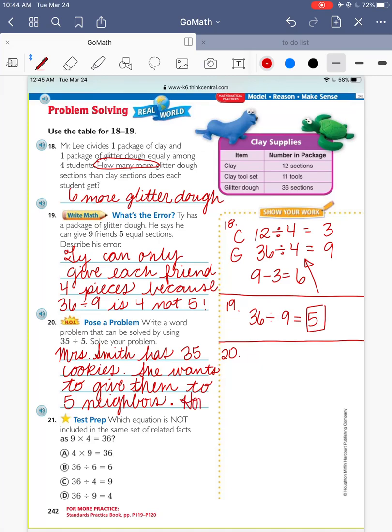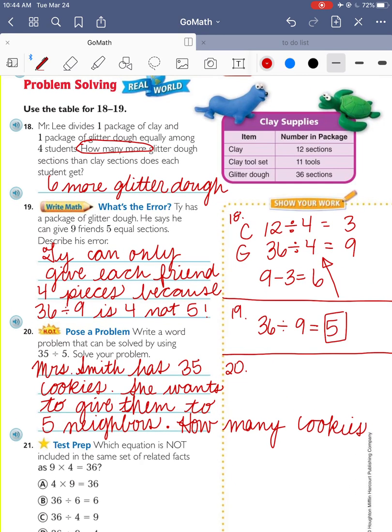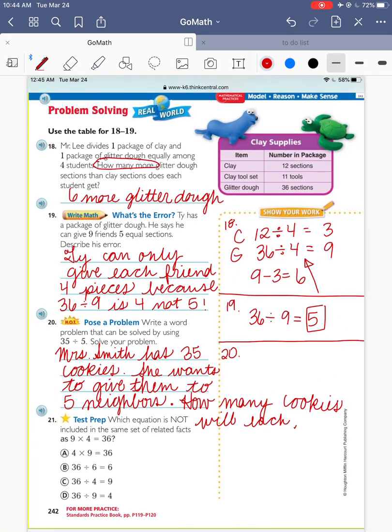How many cookies does each one get? So 35 cookies divided by 5 would mean 7 cookies each.